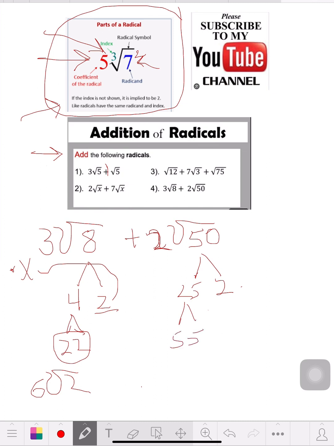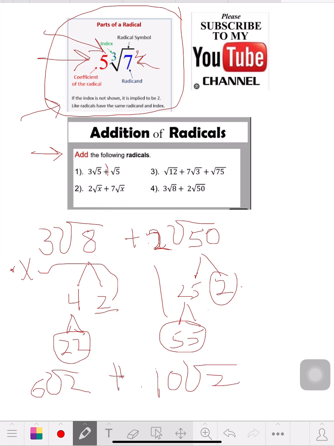So hey, I already know, okay, so I end up with 5 times 2 is 10 to the square root of 2.